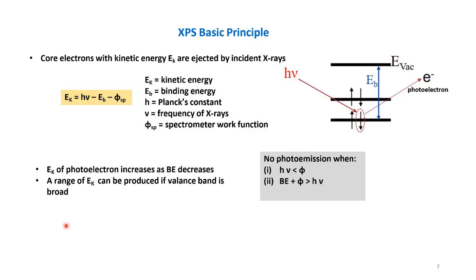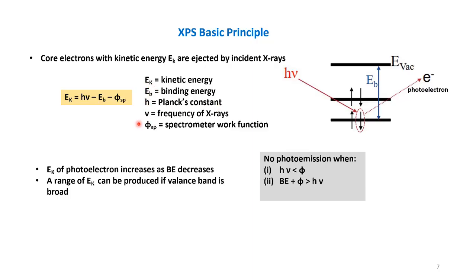So the basic principle is that a core electron with a kinetic energy Ek is ejected by the incident X-ray. Here h nu is the incident one, falling on the sample and ejecting the electron, which has a kinetic energy of Ek and a binding energy of Eb.